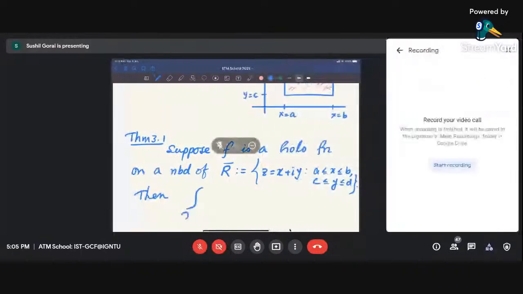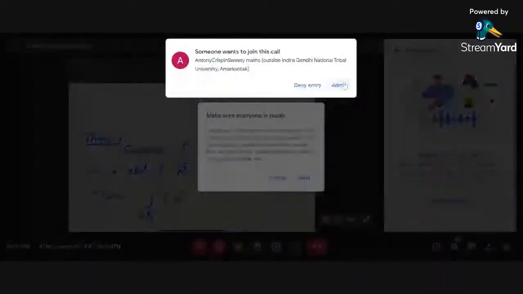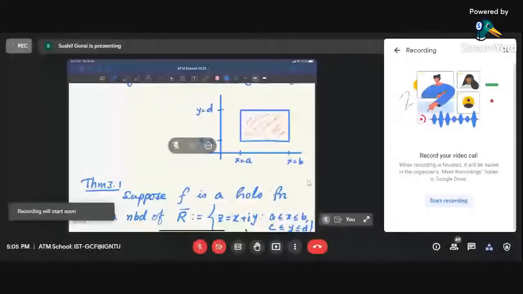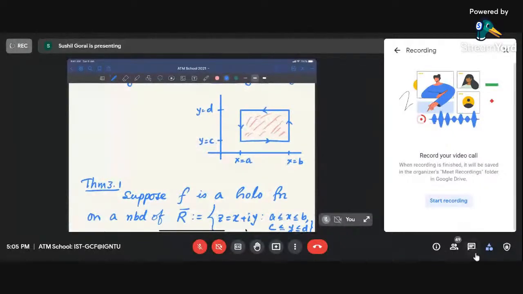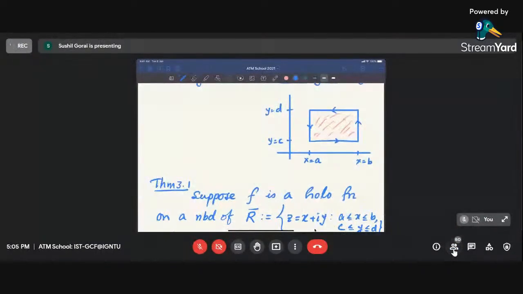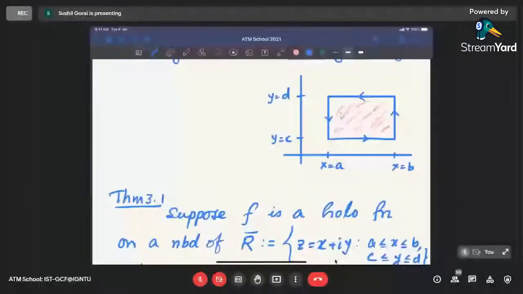Then the integral over del R of f dz is 0. So del R will be the boundary going in the anti-clockwise direction. The way to consider the direction is that the domain should be on your left if you are walking along the curve.